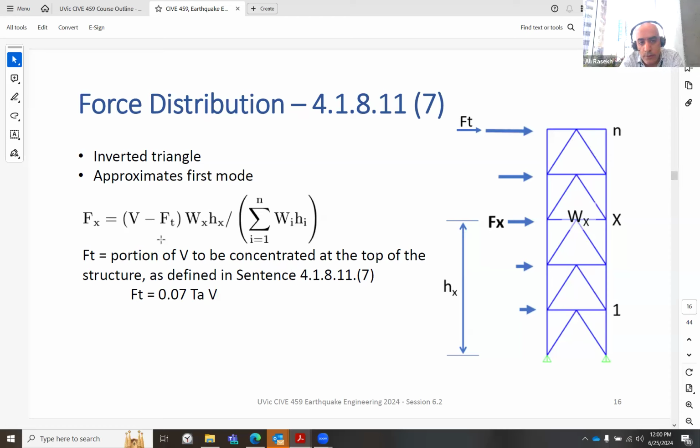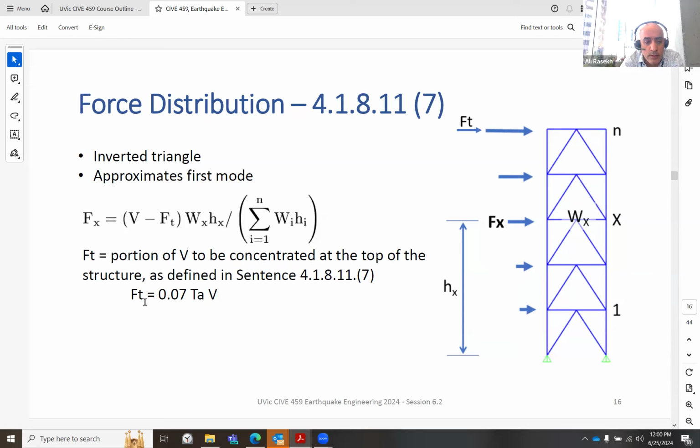Some of the codes recommend using a nonlinear distribution, especially when you have a high rise. The National Building Code of Canada, instead of making it nonlinear, keeps it quite linear, like a triangular, but it adds additional load on top, which is Ft, a portion of the V to be concentrated at the top of the structure.